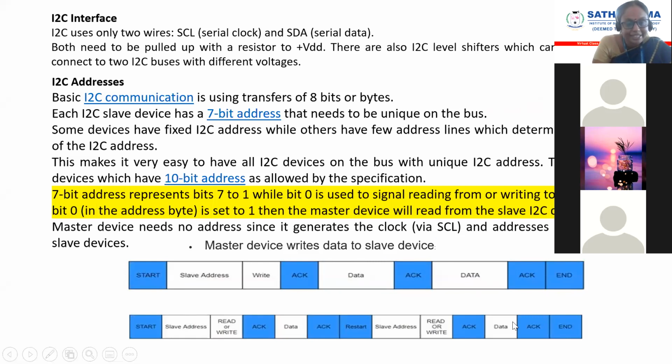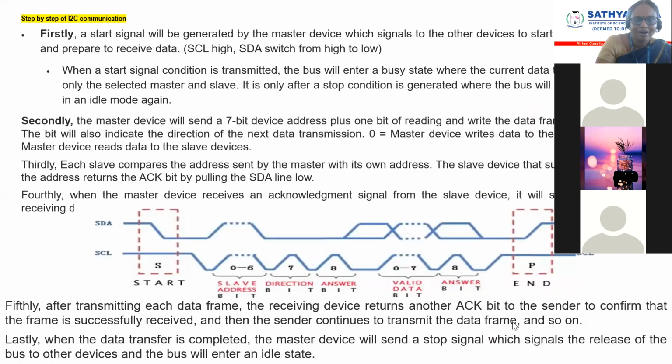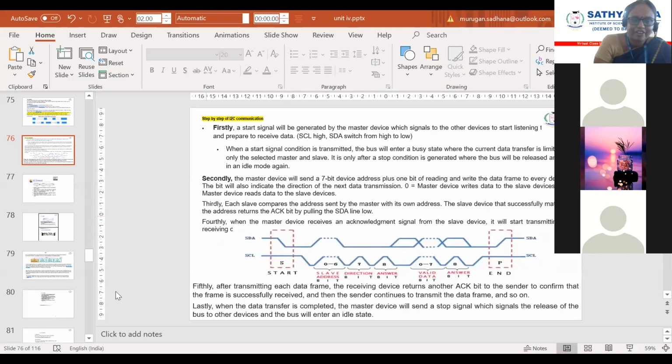You have to explain this message string alone in detail. Are you clear? This I have already explained: for the start bit, SDA will move from high to low, then only SCL will start. Then the remaining address, acknowledgement, then data, then acknowledgement. This I have explained to you, so you refer to that particular PPT. Okay.